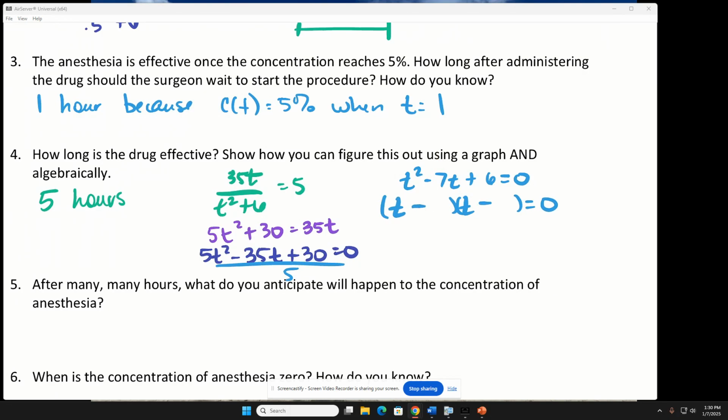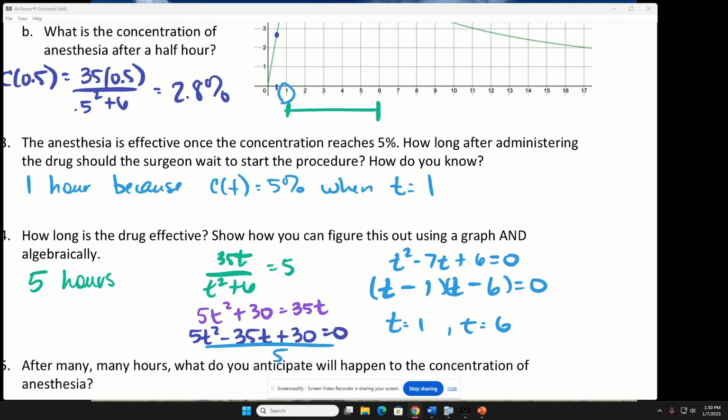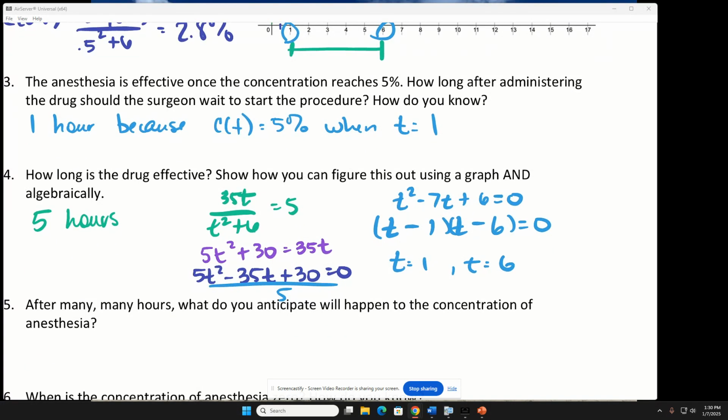All right, so we need two numbers that multiply to get 6 and add to get 7. Yes. All right, so that is the same 1 and 6 that we got from the graph, and the difference between those is 5. So there's 5 hours where the surgery could take place. If it's longer, I guess I would have to administer more anesthesia.